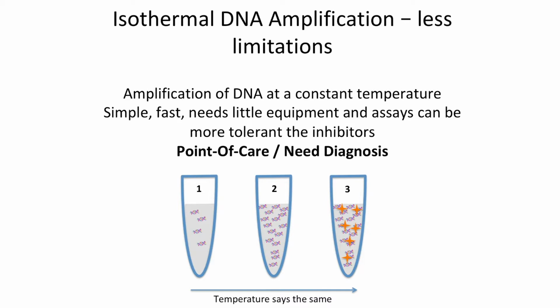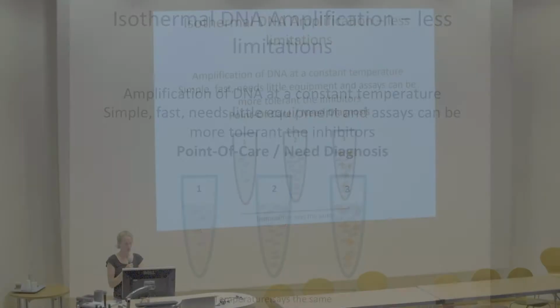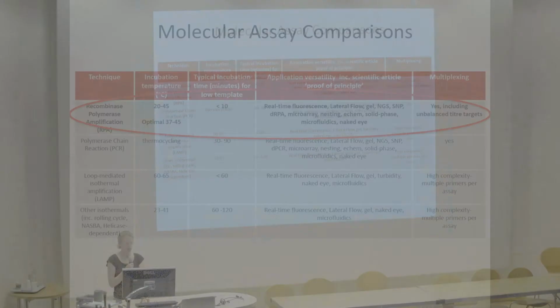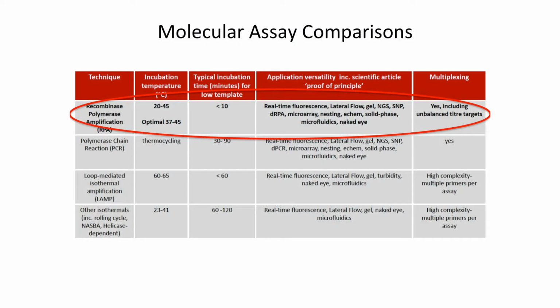So isothermal assays do overcome some of those limitations of molecular diagnostics that need those higher temperatures. And they can start to be thought about for use at point of care or point of need diagnosis. This table shows you some of those criteria that we're thinking about: the incubation time of those assays, the application, can they be multiplexed, how long does it take?